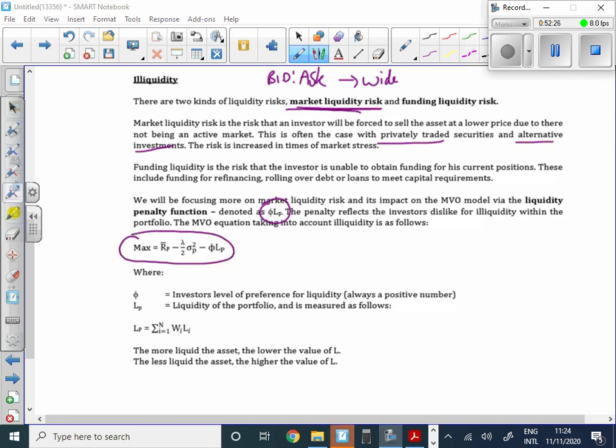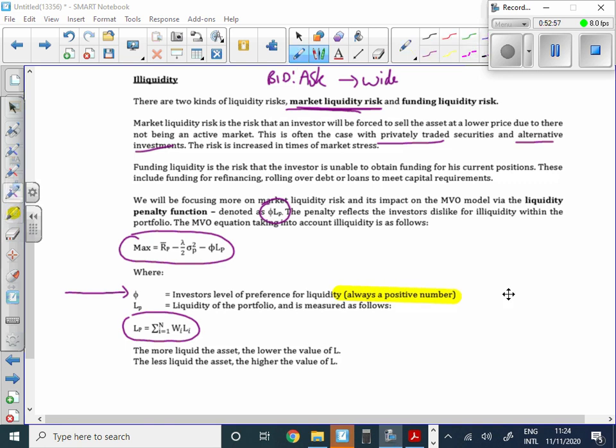Nothing that we haven't seen thus far, except the new entrant on the block, which is liquidity L, the liquidity of the portfolio measured by this particular equation. And what we have is the level, investors' level of preference for liquidity. Something very important to remember, guys, is that this particular function will always be a positive number.